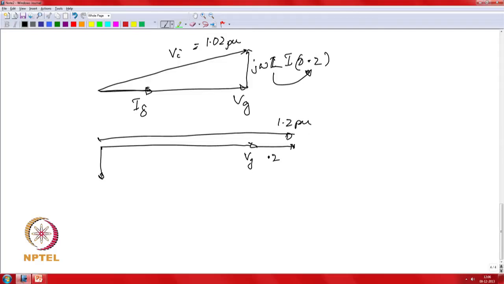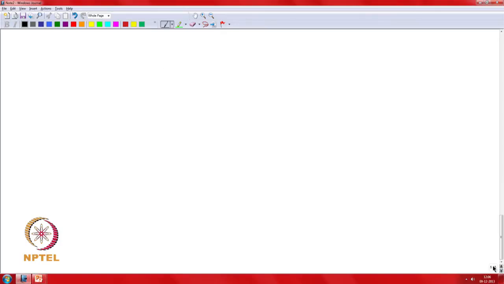Suppose you are not operating as a STATCOM, or even though you are operating in a unity power factor mode, typically for a DG you might consider some variation in the power factor when operating this power converter. Say you have the grid voltage Vg, and you have your Ig that you would ideally like to inject at unity power factor, and say you have a range of Ig going from 30 degree lead to 30 degree lag.